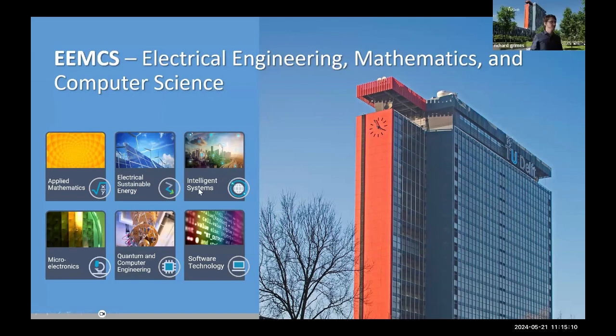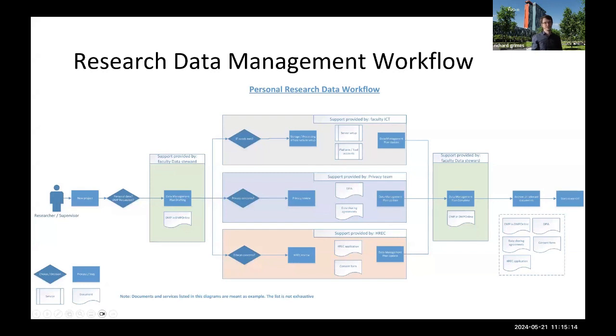Okay, so yes, with that sneak preview of the next slide, let's have a quick look at this diagram. Now, I appreciate the text here is very small. I'm just trying to give you an overview of the research data management workflow at our faculty. Here we're looking at the researcher who has just got a new project, a fantastic new idea, and they need to start making a data management plan.